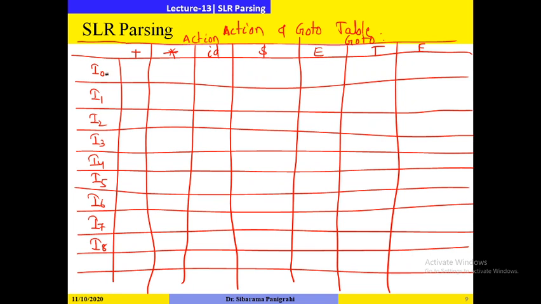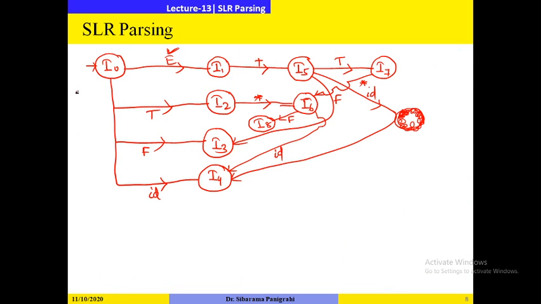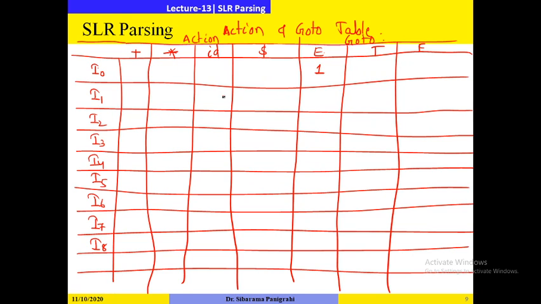If it is a variable, you simply write 1. Now I0 by taking T as input, what is the next state? I2, so you simply write 2. Here we just change the state. We do not shift or reduce, we simply shift the state.